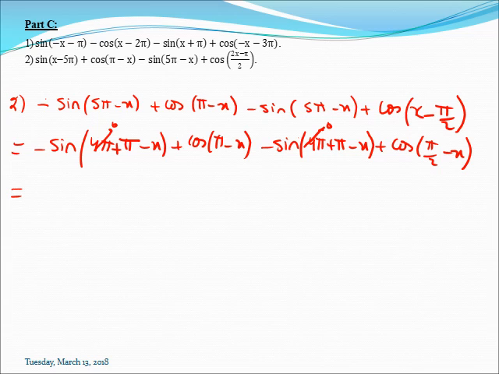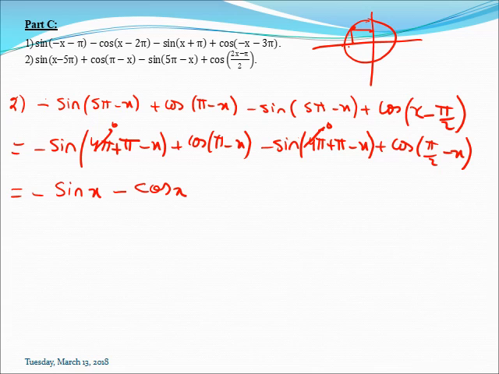2k pi is equal to 0, so minus sine pi minus x, sine is positive and we have minus, so minus sine x. Cosine pi minus x, cosine is negative, minus cosine x.